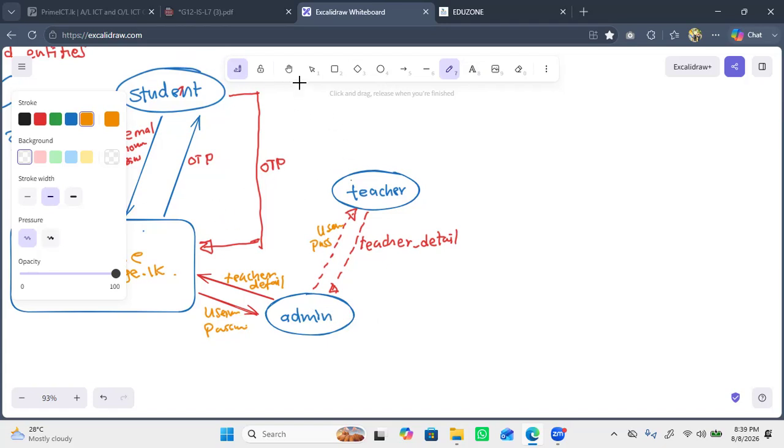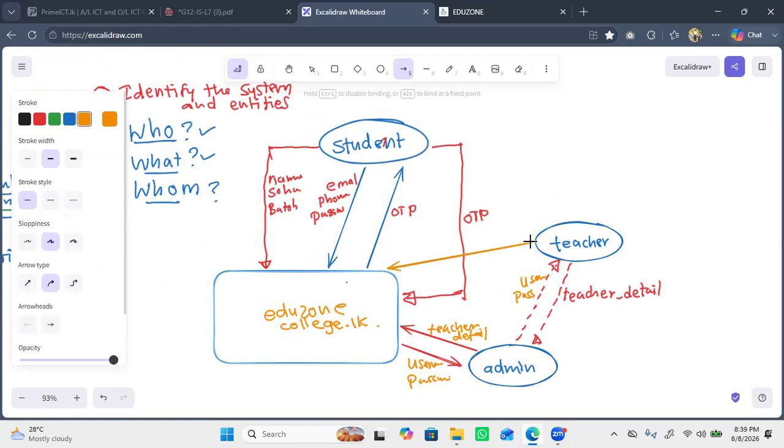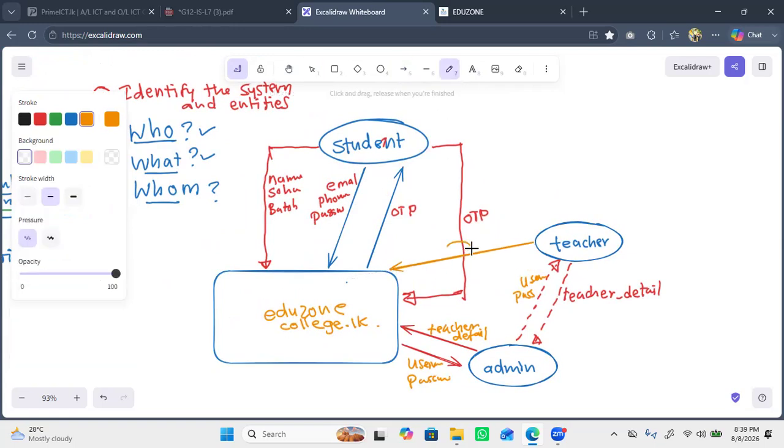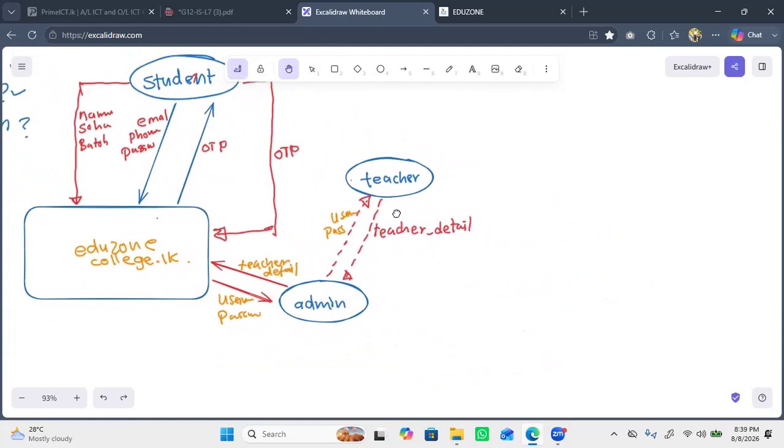Then the teacher can, now, I don't have space to draw this teacher's arrow because lines should not cross. I can't draw like this because it will create a collision here. For that, I can duplicate this entity in a spacey area.